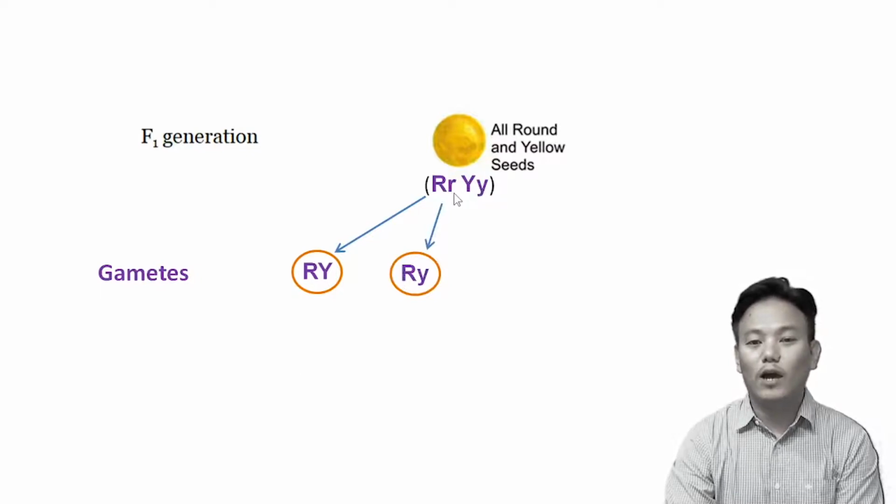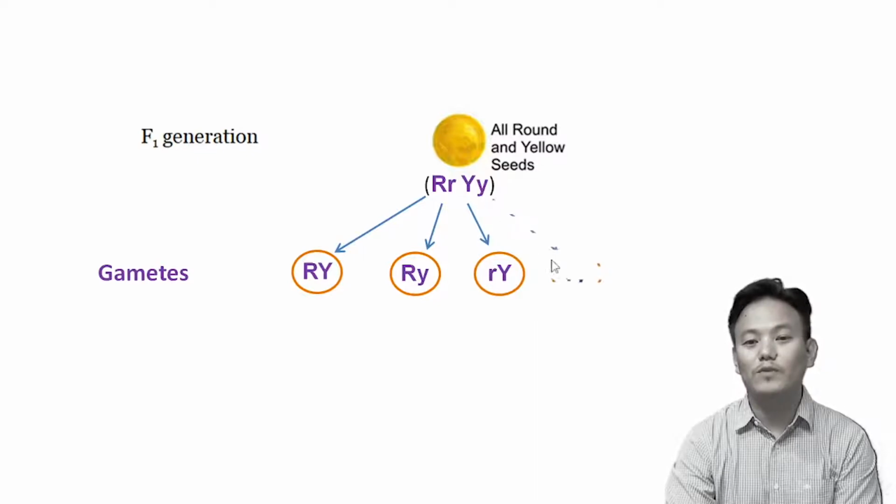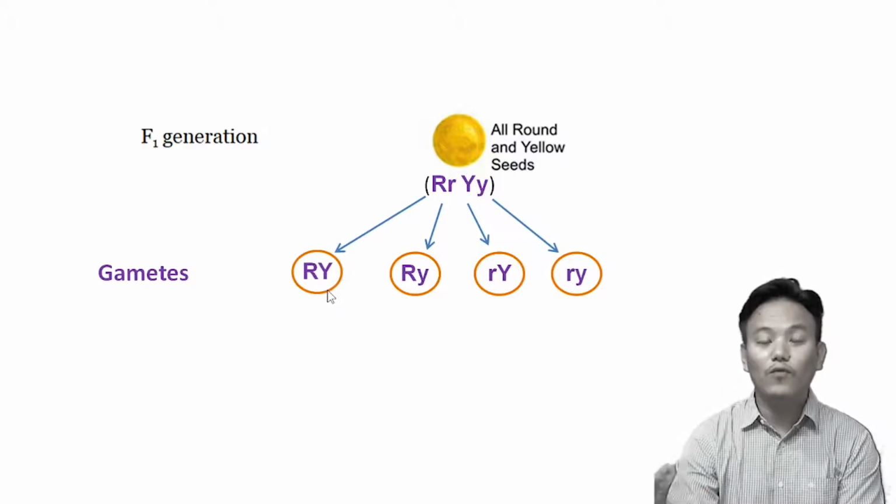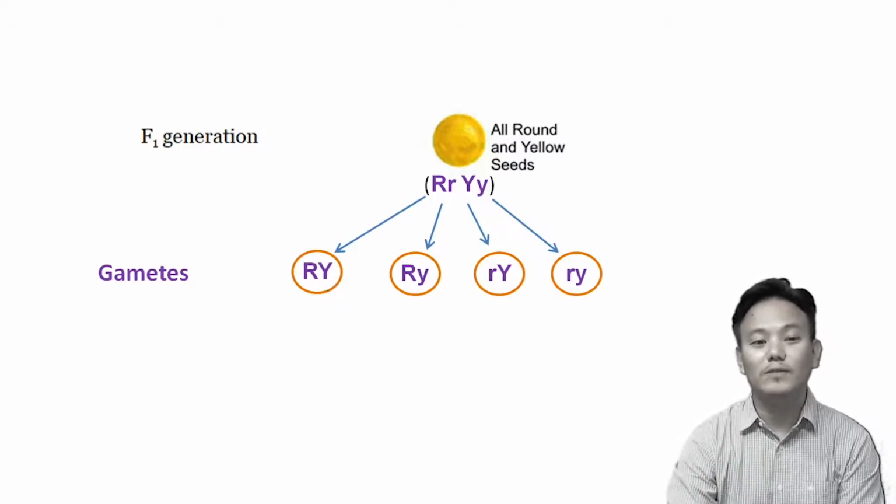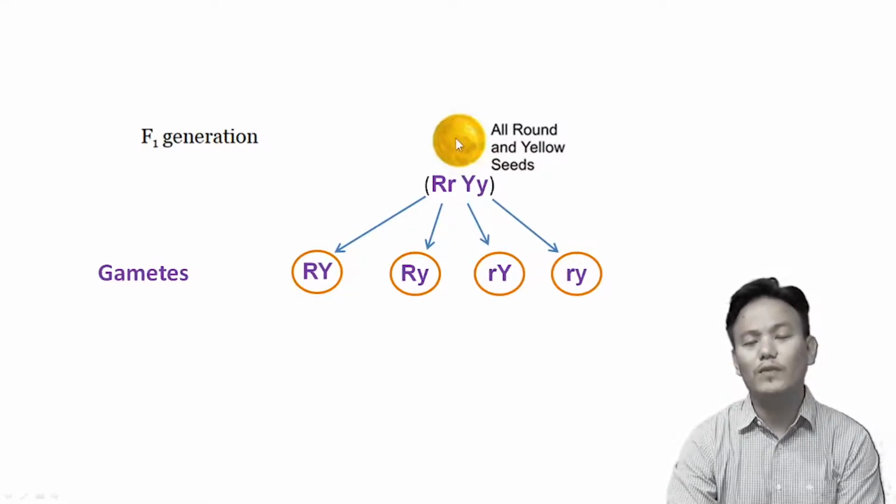Likewise, this small r can come along with this capital Y to form this gamete, and this small r can also come along with this small y to form the fourth type of gamete. So these are the four possible allelic combinations in the gametes, and therefore it will form four different types of gametes by each individual.